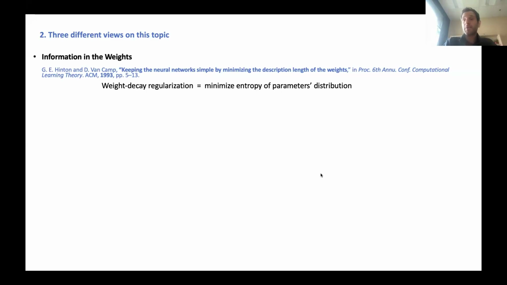This is saying that to not learn too much, you need to put a constraint on the entropy of your parameters. That means the parameters are what hold information. So the entropy of parameters is a measurement of information in your neural network. So that's the first view, which I like most: information is in the weights of your model.